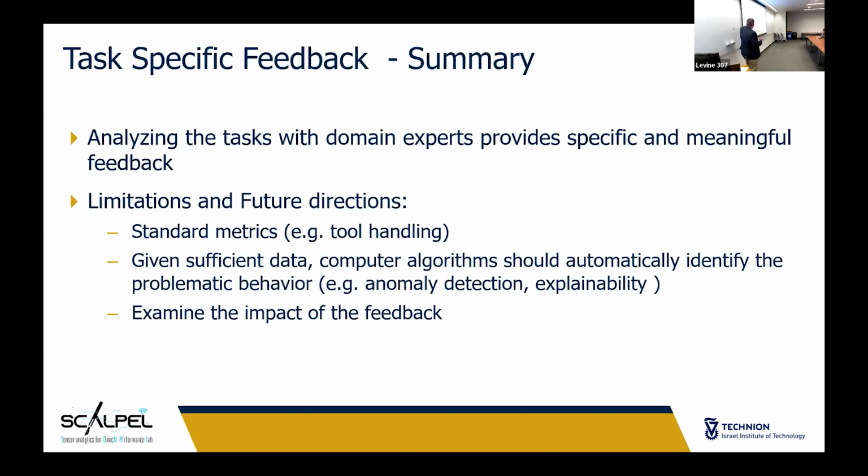And if we have enough data, eventually things like anomaly detection, explainability, all of these different tools that are popular in computer vision might be able to pan out these skills more automatically than us doing it on our own. Finally, examining the impact of feedback is a training study, a completely different realm of study, of seeing how this feedback can have an impact.